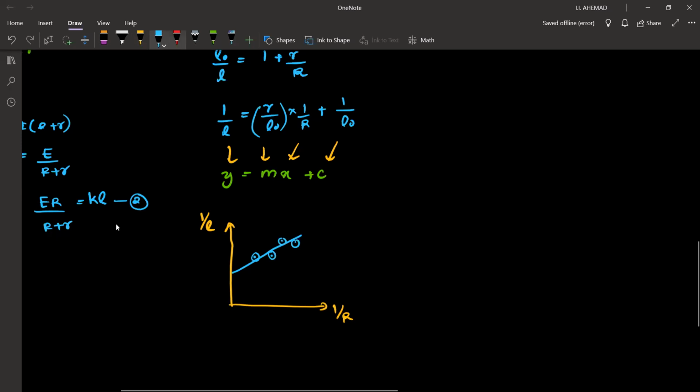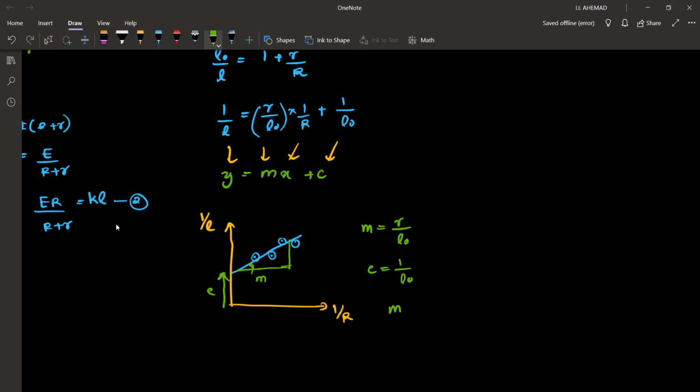Using this graph, we get the intercept C and the gradient M. So we know that M is equal to R over L naught, C is equal to 1 over L naught.